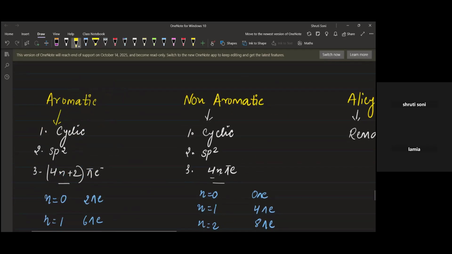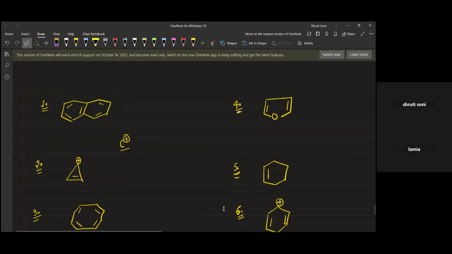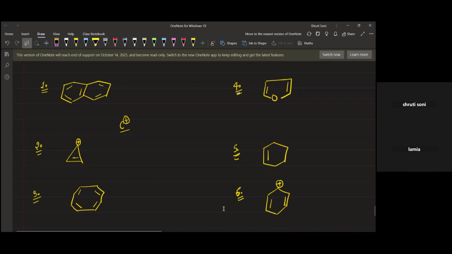Here you write down, not non-aromatic, it will be anti-aromatic. Okay. Now go through each example, and tell me for the first one, firstly, whether it is aromatic, anti-aromatic, or alicyclic.